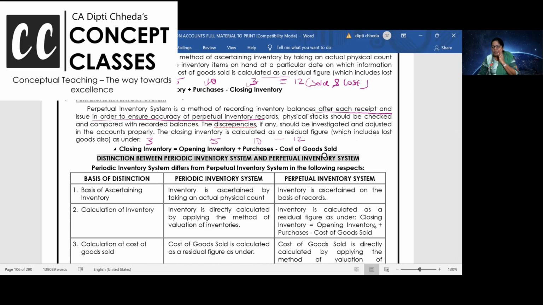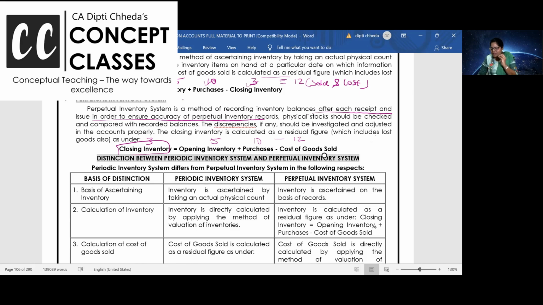So opening inventory is 5, purchases is 10, 15, and whatever you have sold, the cost is 12. So your closing inventory includes the units lost. I mean, either it is closing stock or it is shortage. Here sales will be included. Here how are you getting the cost of goods sold?